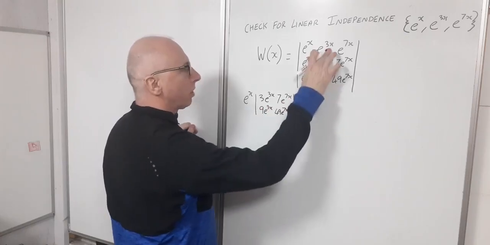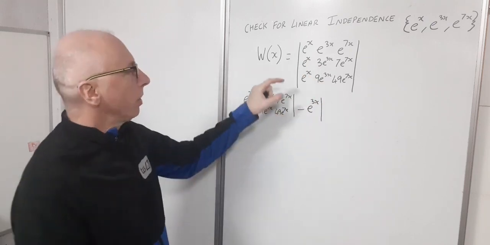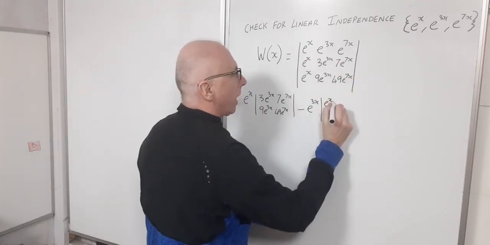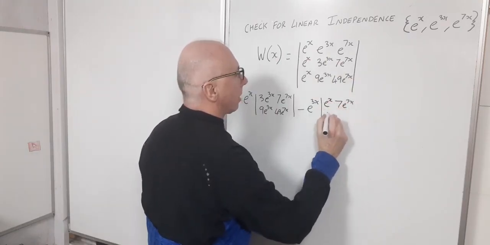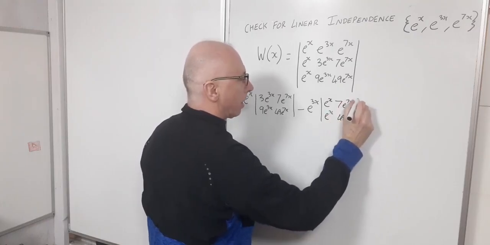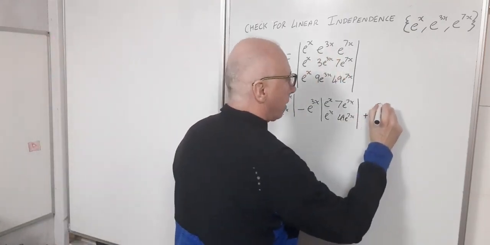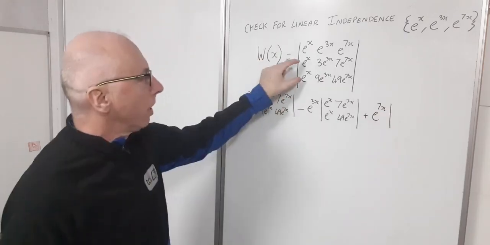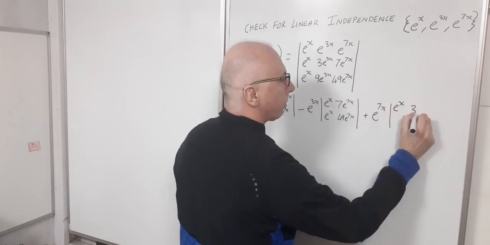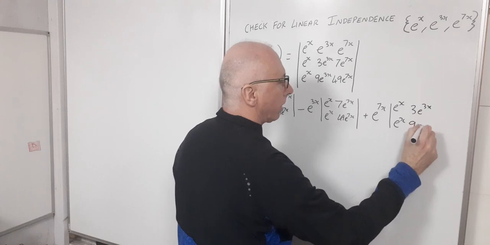Then we subtract, using this term e to the 3x, the determinant of a 2 by 2 matrix made of these terms: e to the x, 7e to the 7x, e to the x, and 49e to the 7x. And then finally we take this term, e to the 7x, and the determinant of this 2 by 2: e to the x, 3e to the 3x, e to the x, and 9e to the 3x.